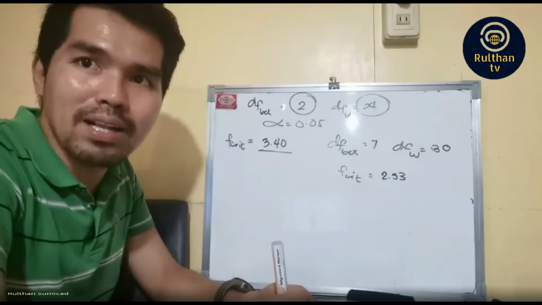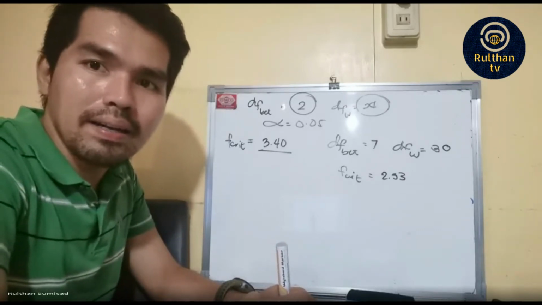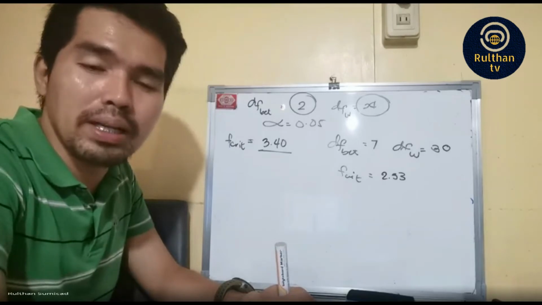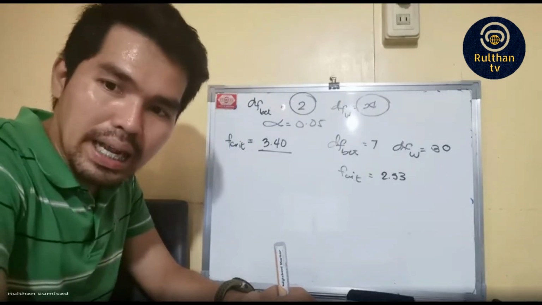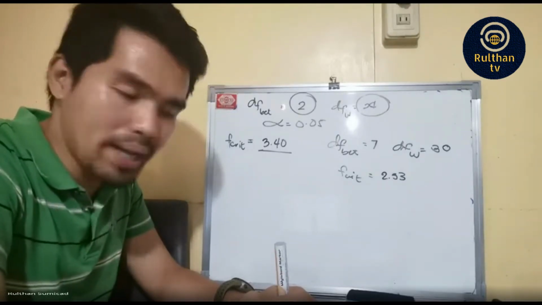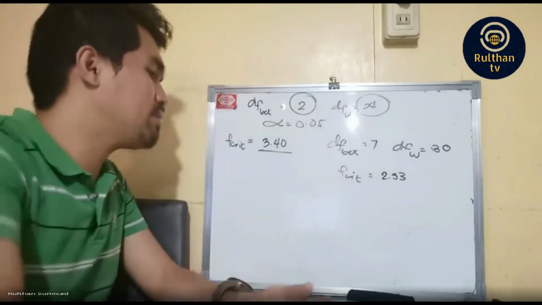You notice the last value there: for infinite degrees of freedom between and infinite degrees of freedom within, the result is 1. That is where the value is approaching. Okay, so we have this idea.